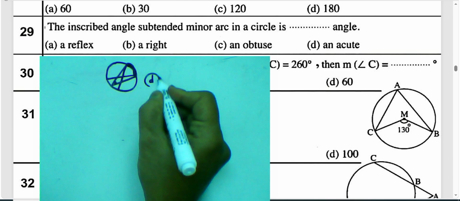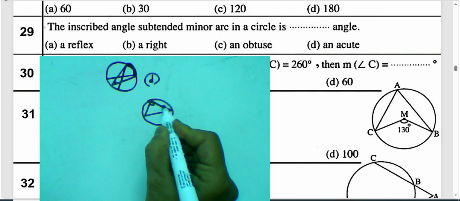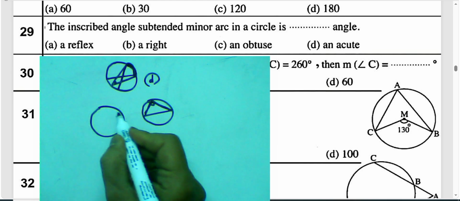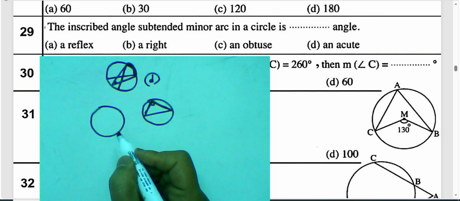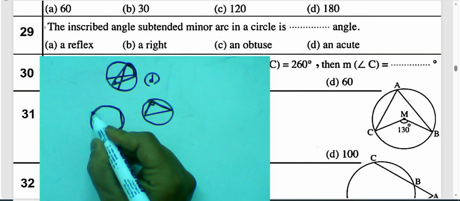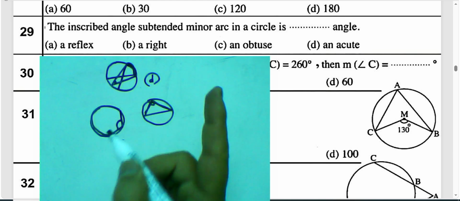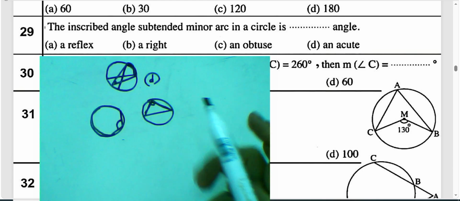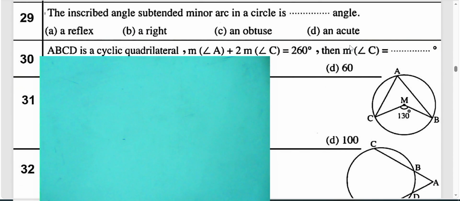Choose letter D. But if the inscribed angle is drawn on half of the circle, its measure will be 90 degrees, a right angle. And if the inscribed angle is drawn on the large arc, or major arc, it will be an obtuse angle. So this question asked about the inscribed angle subtended by a minor arc, and we call it acute. Choose letter D, acute angle. Next question.